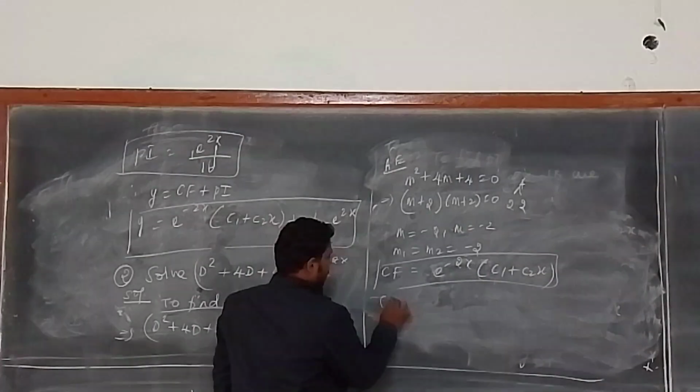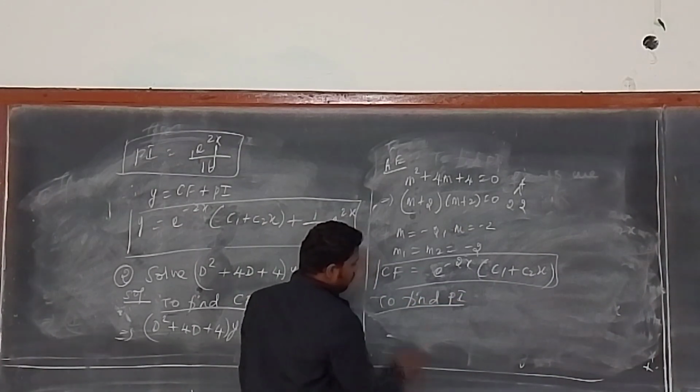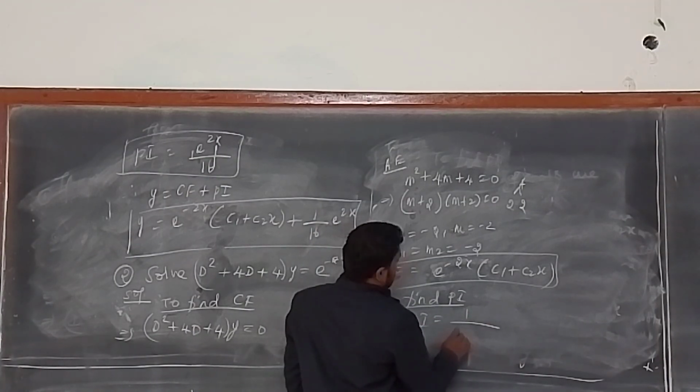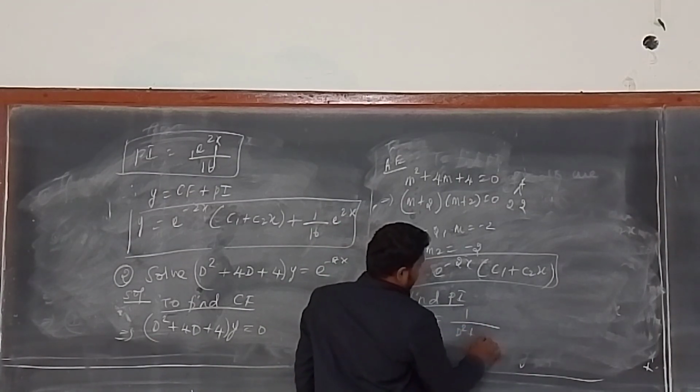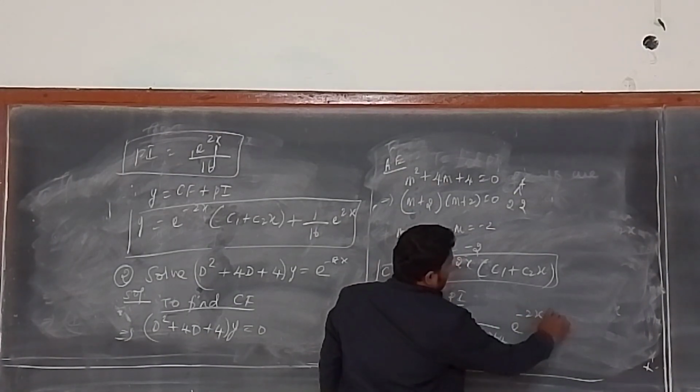Next, to find the particular integral, PI is equal to 1 by f of D into e to the power of minus 2x, that is 1 by D square plus 4D plus 4 into e to the power of minus 2x.